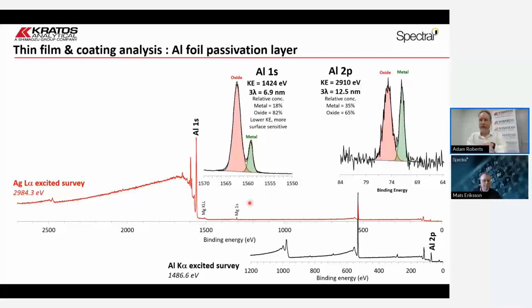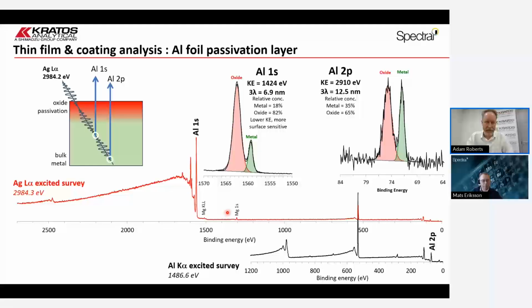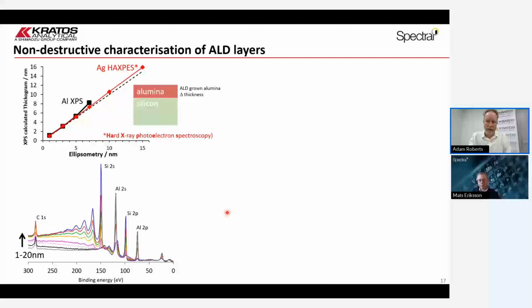So that's a really nice example where we can get depth information just from a single survey spectrum. So there's a little schematic of where the two relative depths of information are coming from. So that's looking over a passivation layer on aluminium foil. So let's look at some actual data.